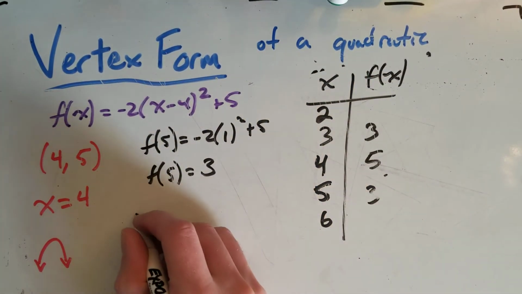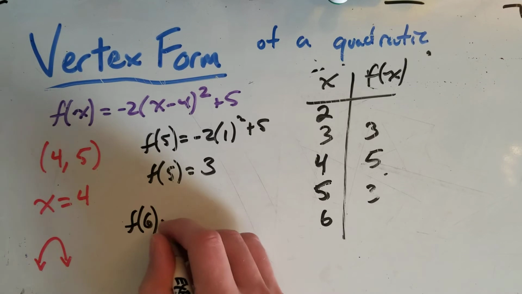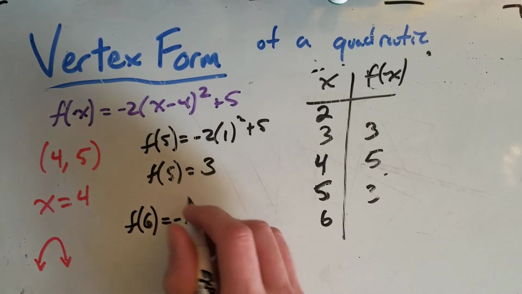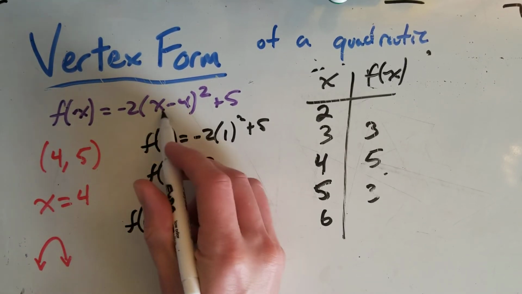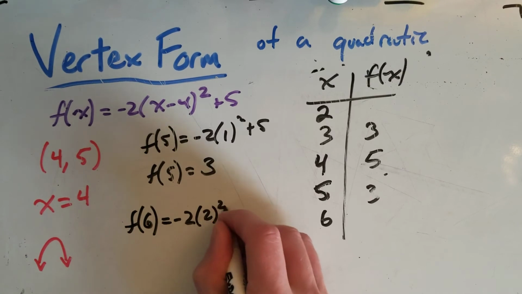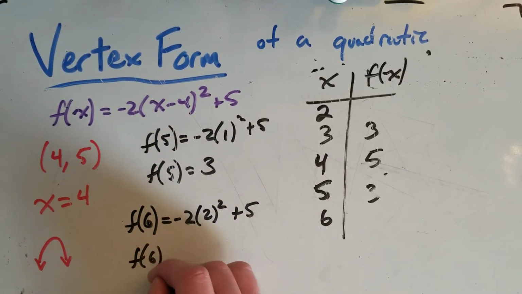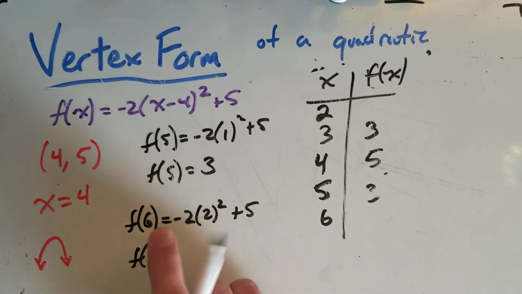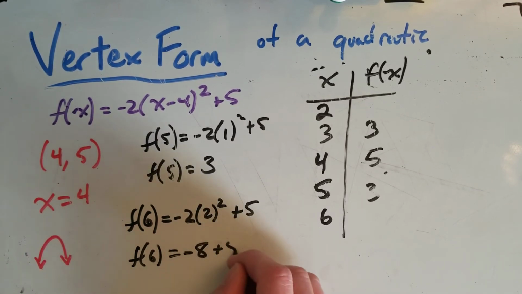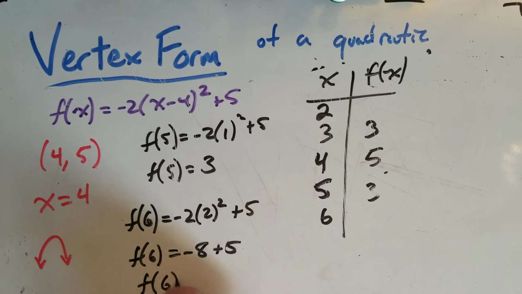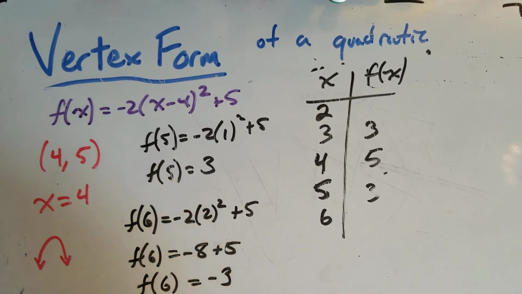When you put a 6 in here, you're going to end up with -2 times 6 minus 4, which is 2, and you're going to square that, plus 5. So f of 6 would be 2 squared is 4, times -2 is -8, plus 5. So f of 6 should be -3.